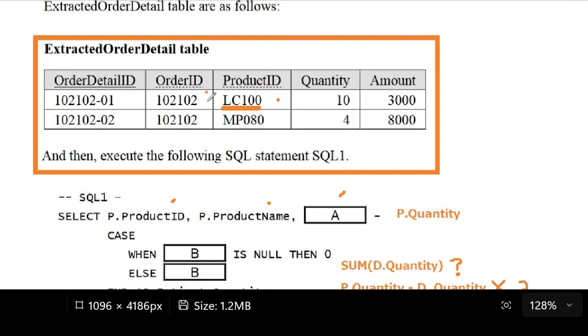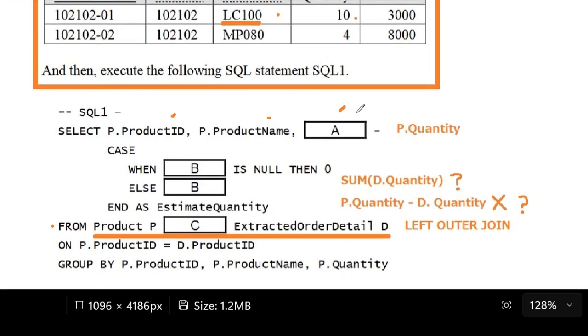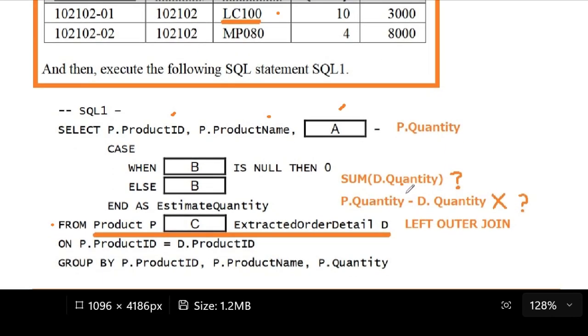But of course, this is only a portion of the table, and it's supposed to have more, and what we want is to have the total of all the LC100 that was ordered, the total amount. To do that, we have to do the sum of all the rows with the product ID LC100, for example in this case, and the quantity. That's why we have here the sum, the quantity.